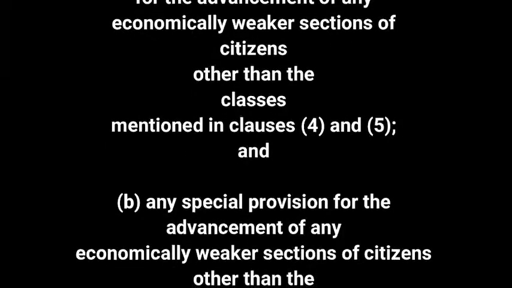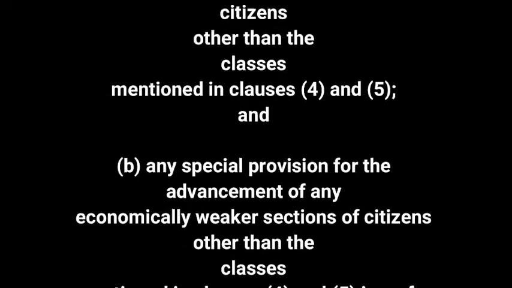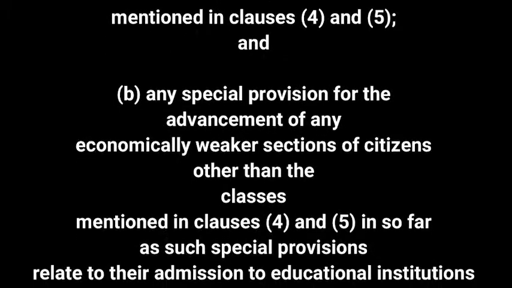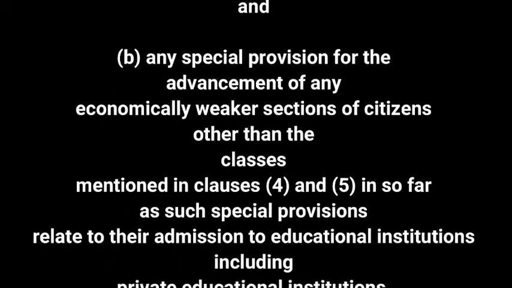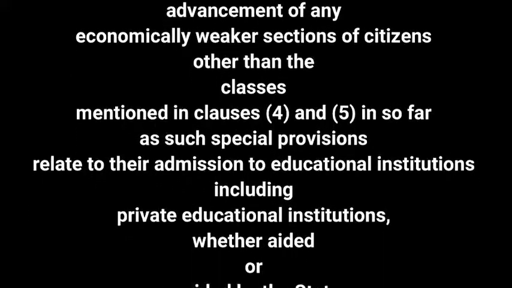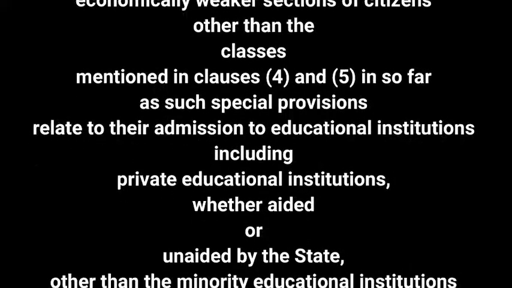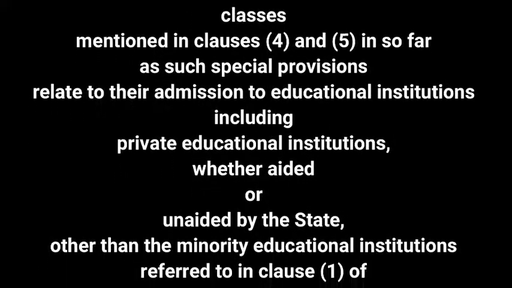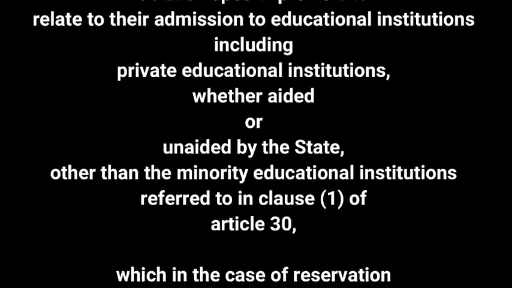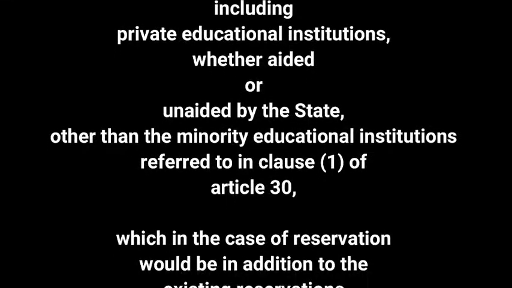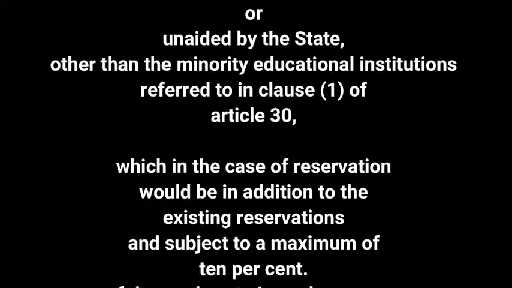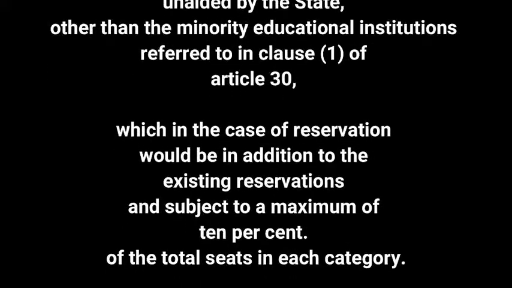And any special provision for the advancement of any economically weaker sections of citizens other than the classes mentioned in clauses 4 and 5, insofar as such special provisions relate to their admission to educational institutions, including private educational institutions, whether aided or unaided by the state, other than the minority educational institutions referred to in Clause 1 of Article 30.